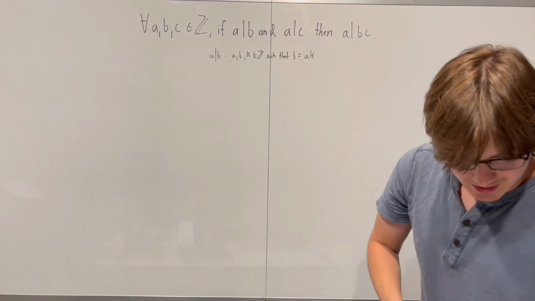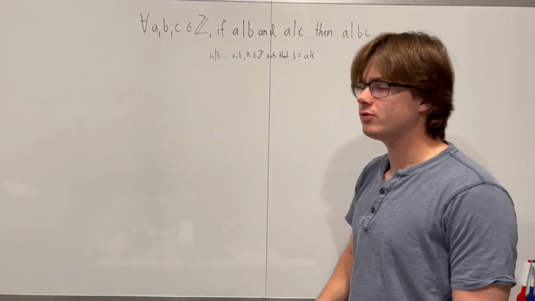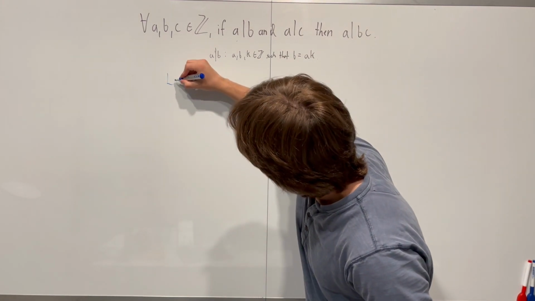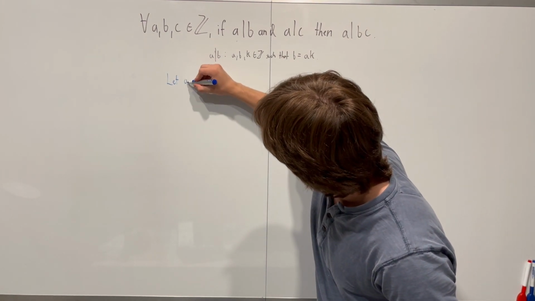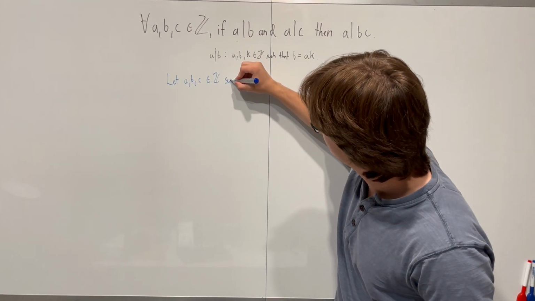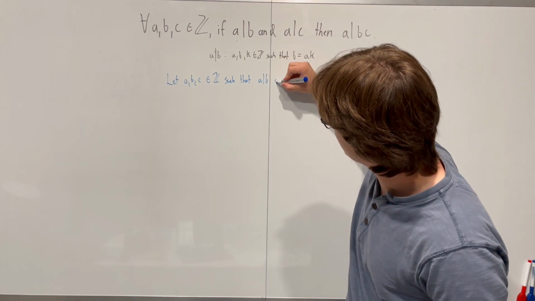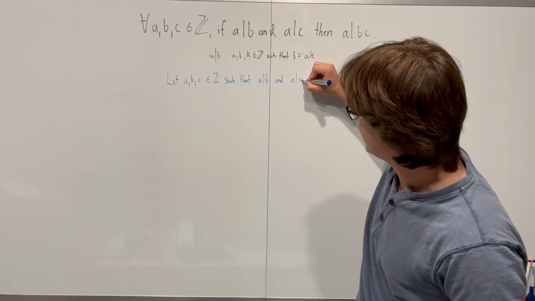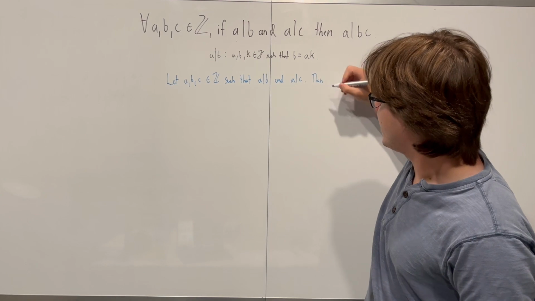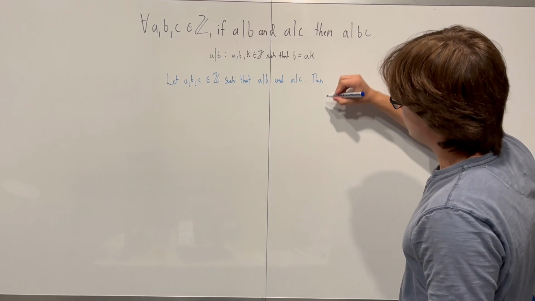Now we can actually start writing our proof. This is a for all proof, so we start with: let a, b, c be integers such that a divides b and a divides c. Then what do we mean by that?